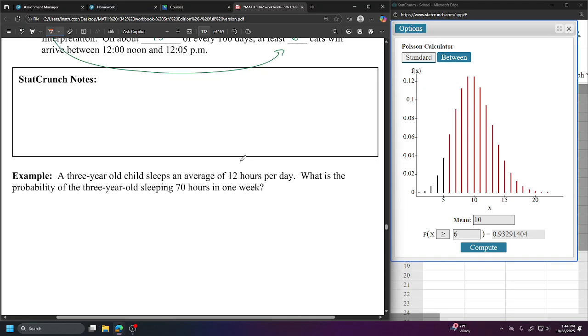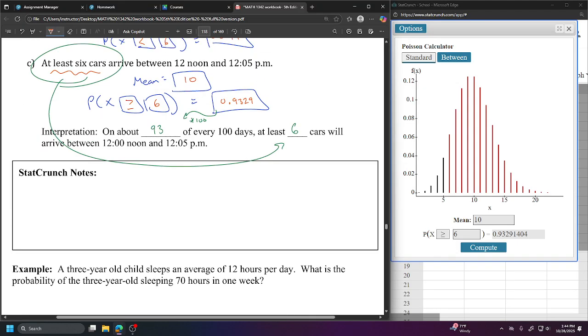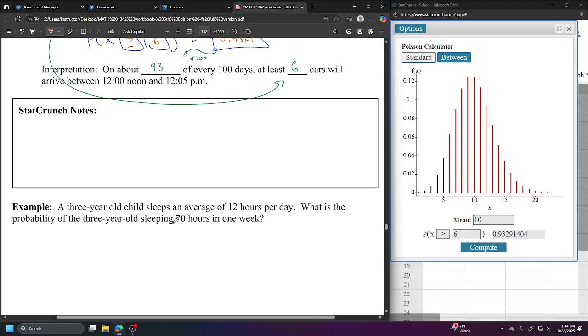Okay. A 3-year-old child sleeps an average of 12 hours a day. What? Do y'all get to sleep 12 hours a day? No. Would you like to sleep 12 hours a day? Really? Okay. How many hours do you think I sleep a day? About 6. Maybe 5. No, it's not 6. 6, 7?